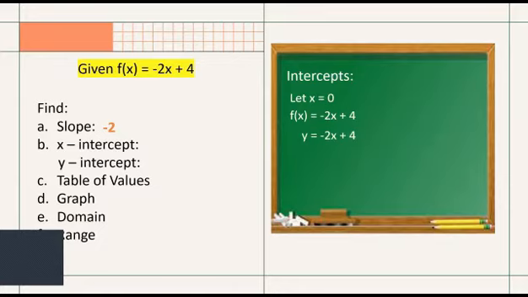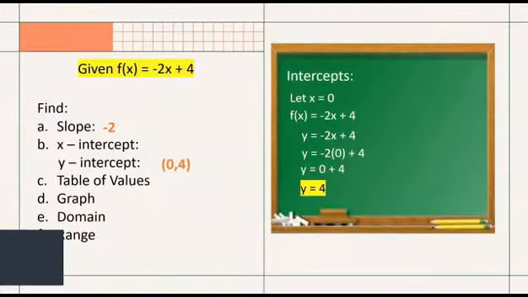Write y is equal to negative 2x plus 4. Then substitute: y is equal to negative 2 times 0 plus 4. Then simplify: y is equal to negative 2 times 0, siyempre 0 siya, plus 4. Then y is equal to 4. Our y-intercept is (0, 4).